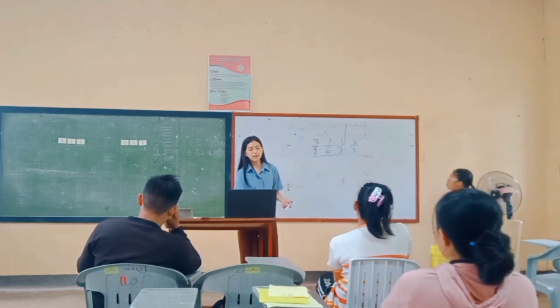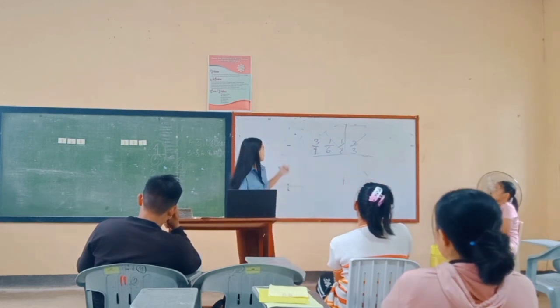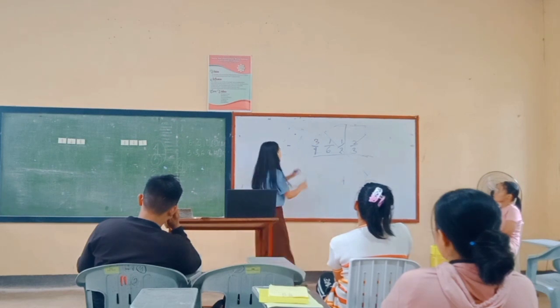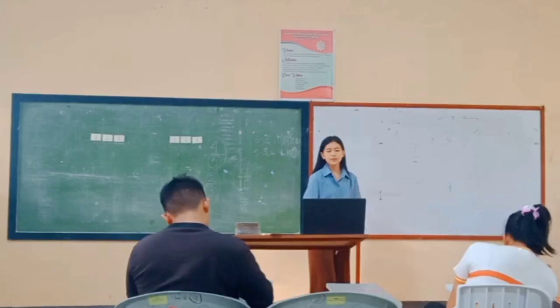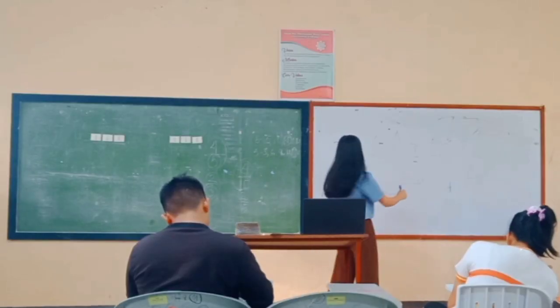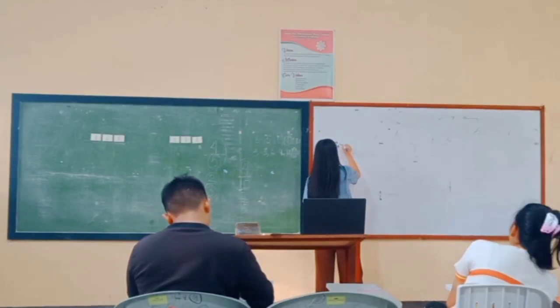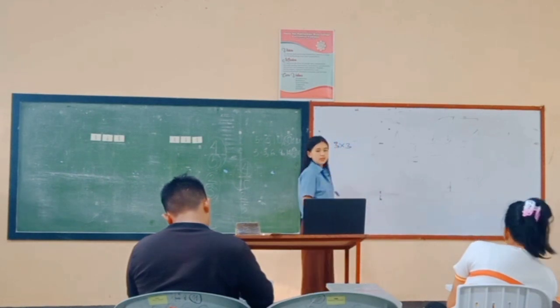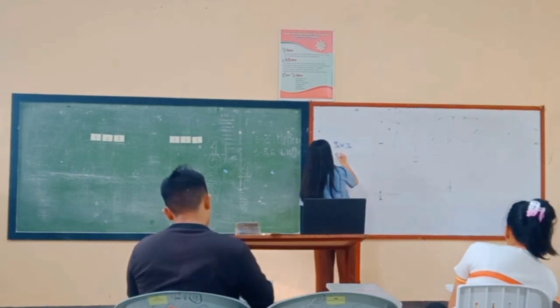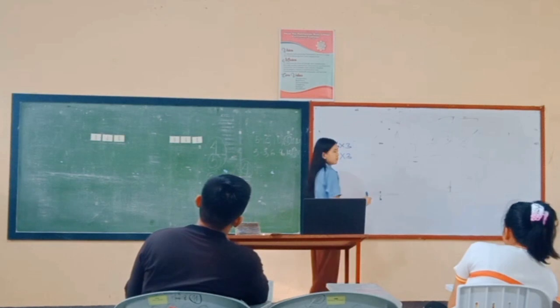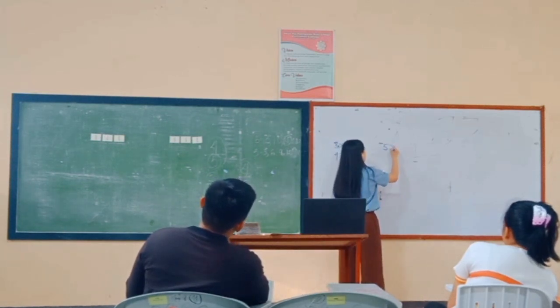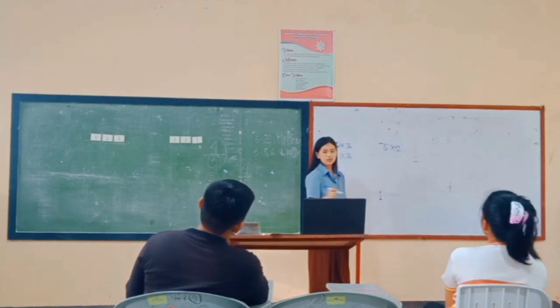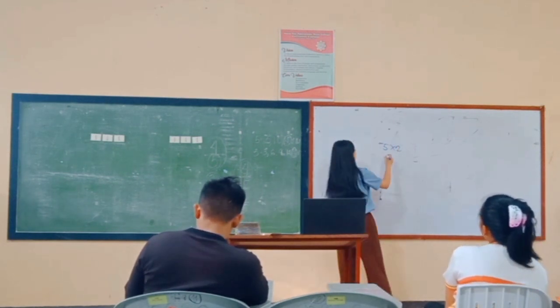The first fraction has denominator 4: 3 times 3 is 9, 4 times 3 is 12, and 5 times 2 is 10, and 6 times 2 is 12.